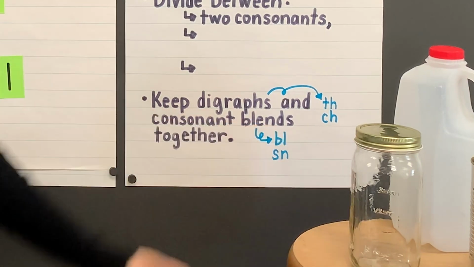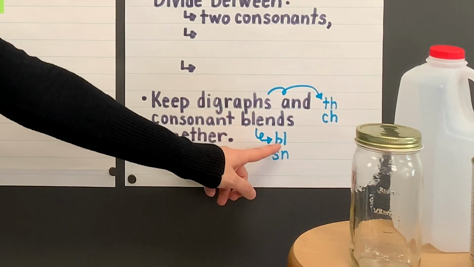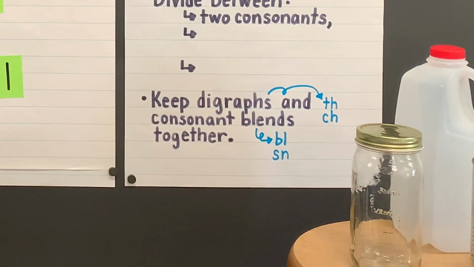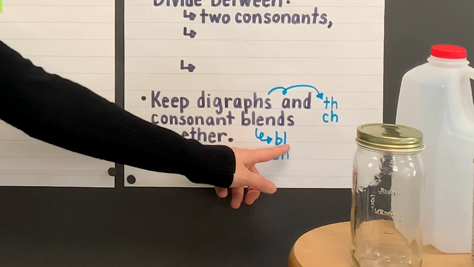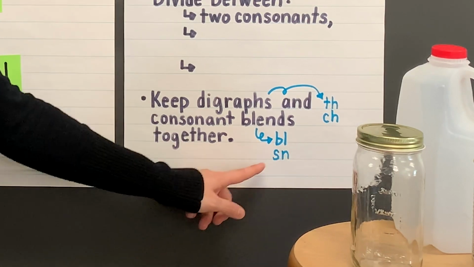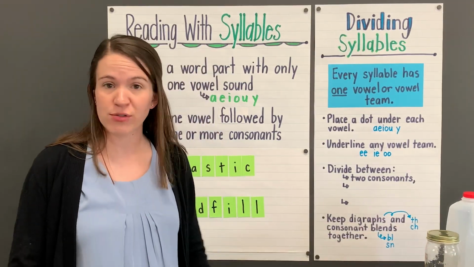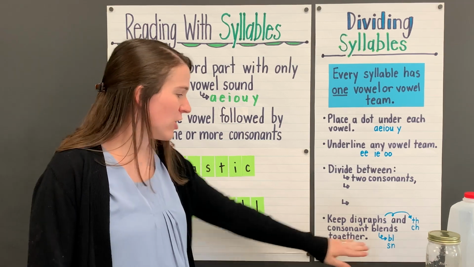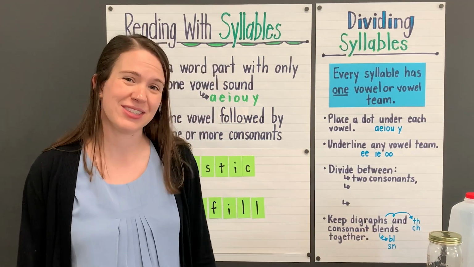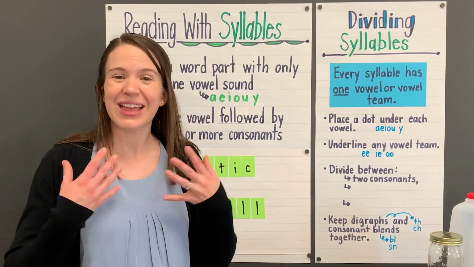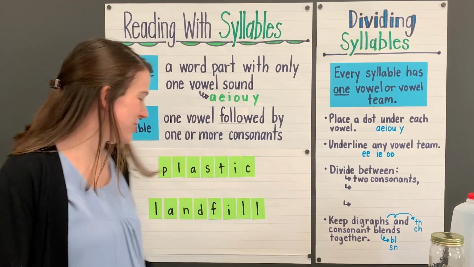And consonant blends are where two consonants slide together to work together to make two different consonant sounds. BL, bl, SN, sn. Now, we never separate digraphs when we're separating syllables, and we usually keep consonant blends together. Let's practice this with a few words.